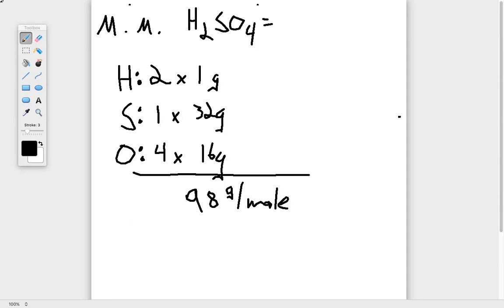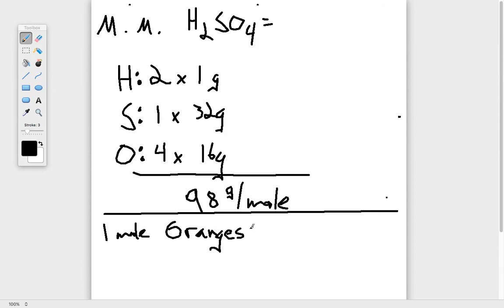Now, just to give you a sense of what a mole is, I did a little bit of math.